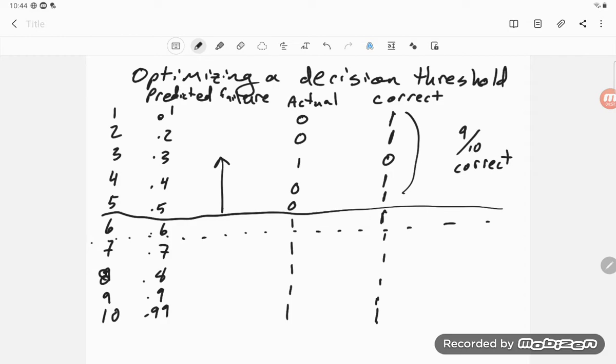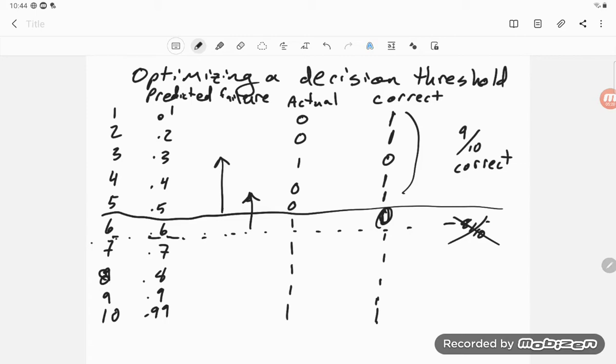But all of a sudden this one switches to a 0 because I didn't get that correct. If I said everybody from 0.6 or below could have a transplant, then all of a sudden we drop to 8 out of 10. That's probably not as good a decision there.